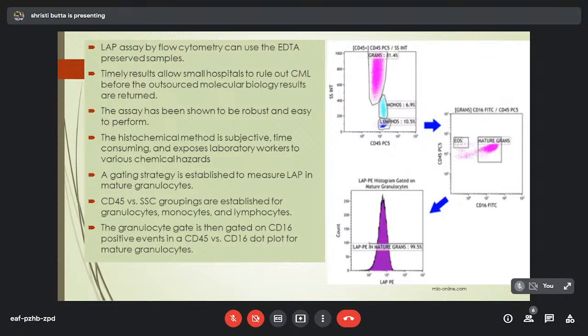So ruling out from the rest, we have these mature granulocytes, okay, and these mature granulocytes can be subsequently gated again to find out the LAP positive extent on the histogram. These mature granulocytes can therefore help in ascertaining LAP score by flow cytometry. So it's that simple, yeah?